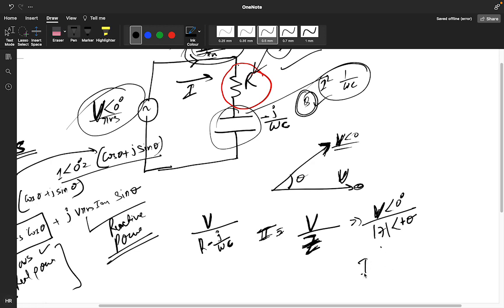So I is equal to V by mod Z, and whatever the angle is, it will go upside as a minus theta.